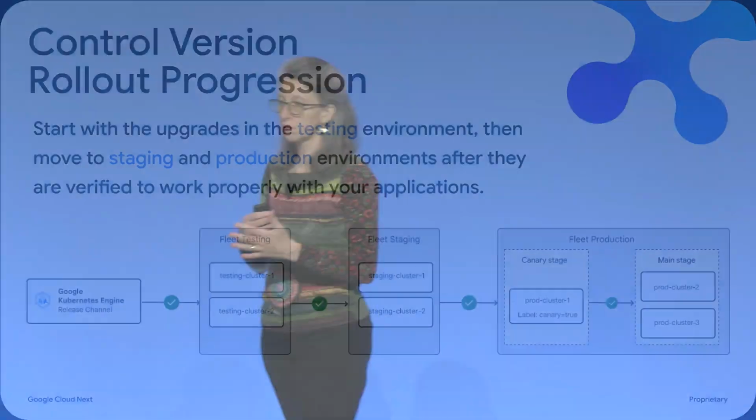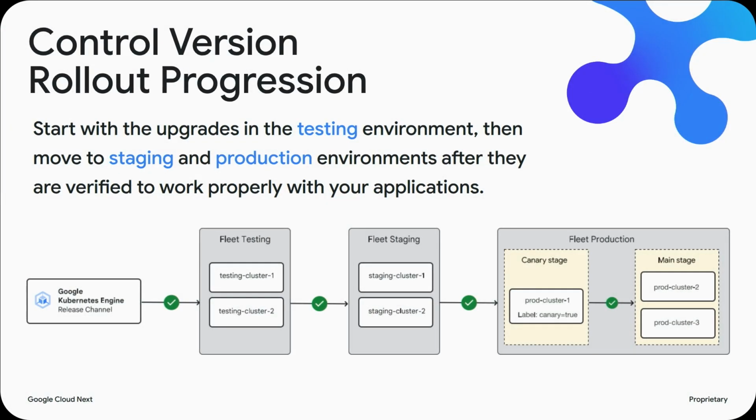All right, so now we can control the timing, we can control whether or not upgrades happen and which scope. The next thing is, how do you make sure that you control the sequence of upgrades, especially as you get lots of clusters. GKE has some algorithm by default to make sure we do progressive upgrades, but what if you wanted to say what your pre-prod is and your prod environment?